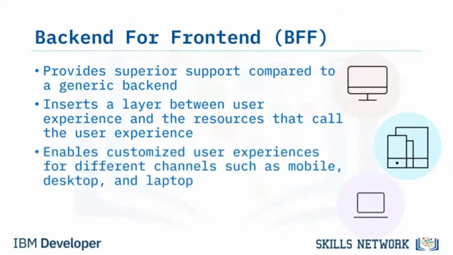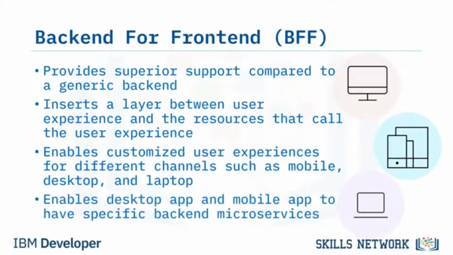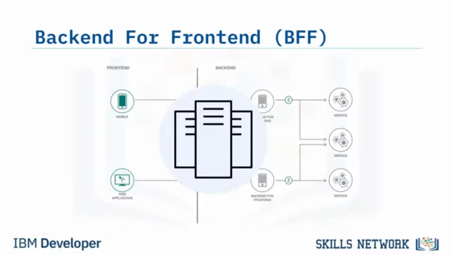The BFF pattern allows developers to create and support one back-end type per user interface using the best options for that interface, rather than supporting a generic back-end that works with any interface, but that potentially negatively impacts front-end performance. This diagram illustrates a great use case for a back-end for front-end application architecture.